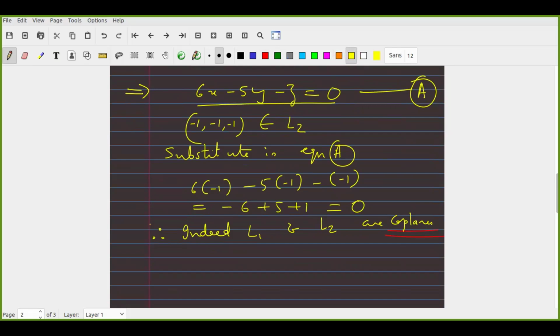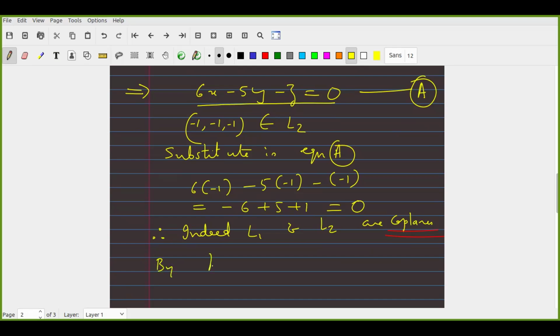Now, what is the second part of the question? Find the equation of the plane. Not only do we have to prove that they are coplanar, we also should find the equation of the plane, and we have already found it by the determinant condition.